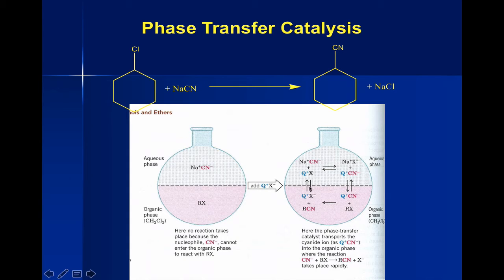And so since this salt, or this so-called phase transfer catalyst, can actually move between the phases, when it's in the water phase, sometimes the sodium and the Q plus get exchanged out and you make Q cyanide, if you will. Well, now this will be soluble in the organic phase. And so this will migrate into the organic phase where the cyanide can actually react. And this is a process that's catalytic. You don't need a lot of this so-called phase transfer catalyst.